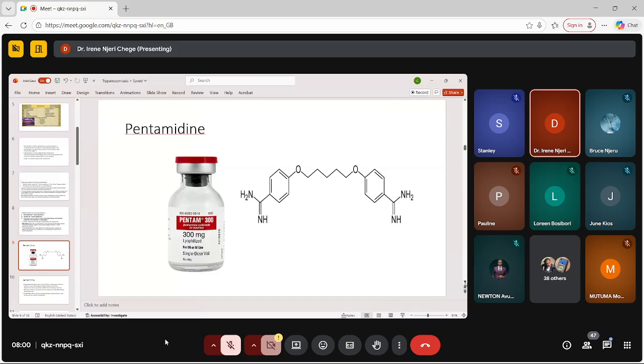If you've done HIV, I'm giving you the other indication. It's a highly toxic drug. Side effects include severe hypertension, so it should be administered slowly over 2 hours, and the patient should be monitored. There's pancreatic toxicity, and hypoglycemia can occur. Why?